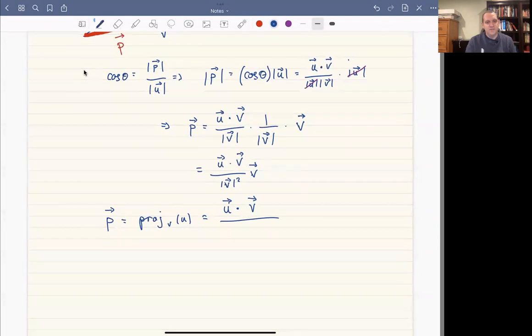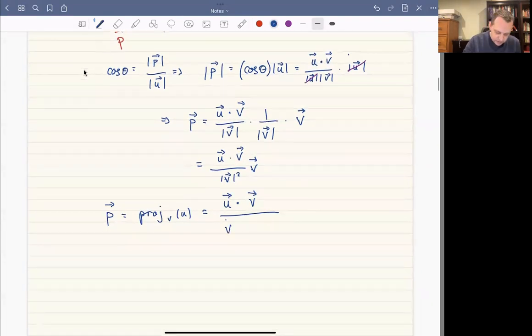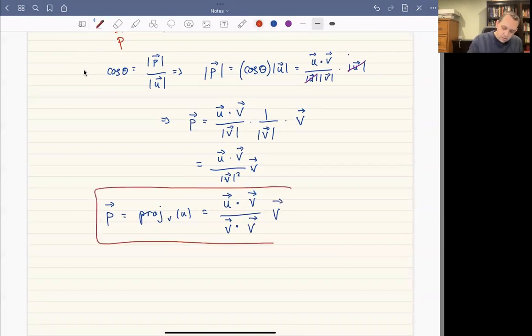So if I take the length of V squared, I get V dotted with itself. And that's all times the vector V. Okay, so this is called the projection of U on V. That's the idea.